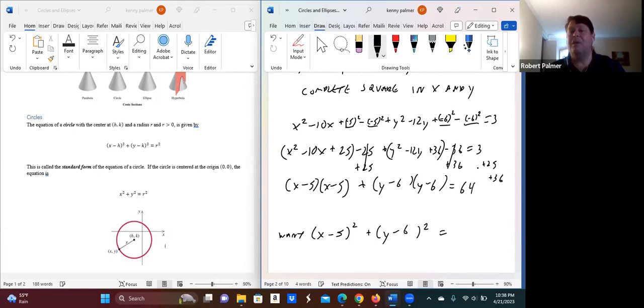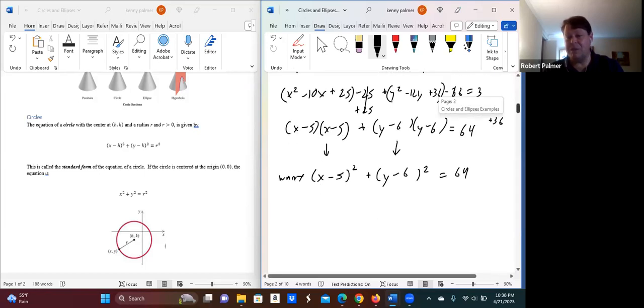Double check that. Anyway, so this is going to be 28 plus 64. Now, x minus 5 times x minus 5 is x minus 5 squared, y minus 6 times y minus 6 is y minus 6 squared, and this side is 64. That's the equation. That's actually the same equation.